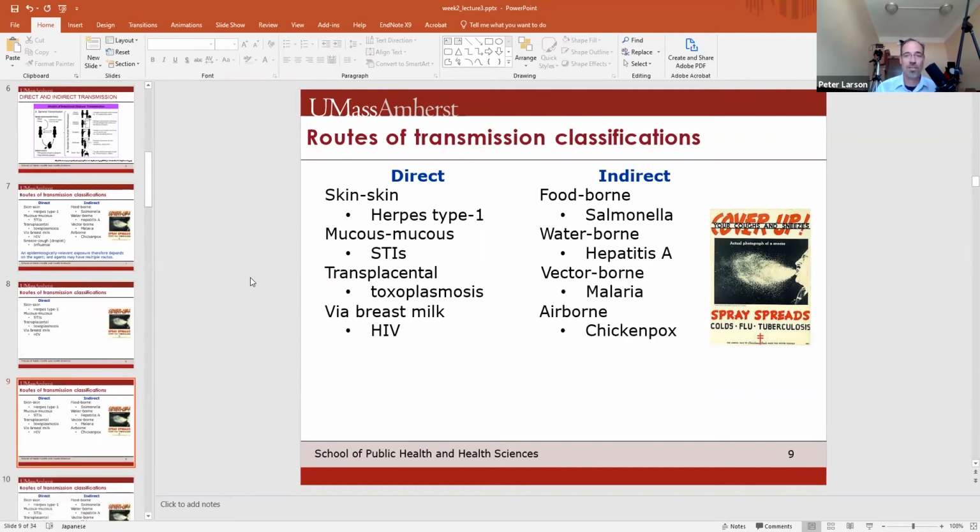Indirect transmission, examples of this include foodborne diseases like salmonella, waterborne diseases like hepatitis A, vector-borne diseases like malaria, or airborne diseases like chickenpox.